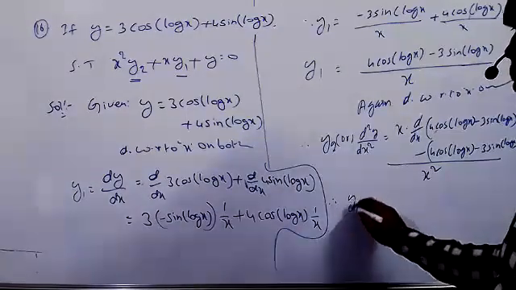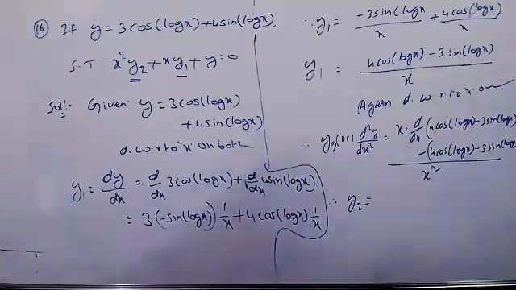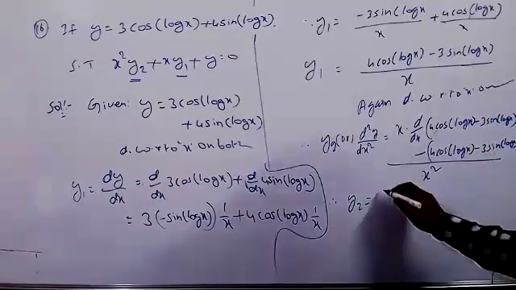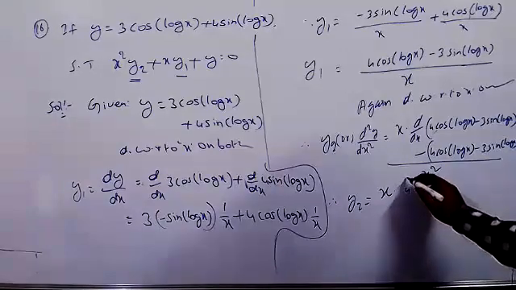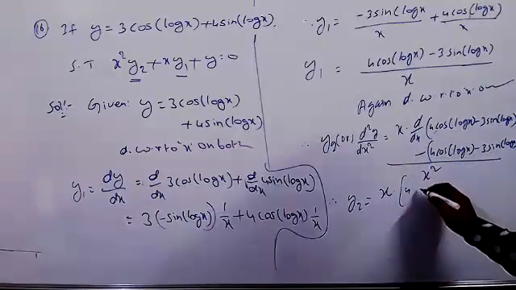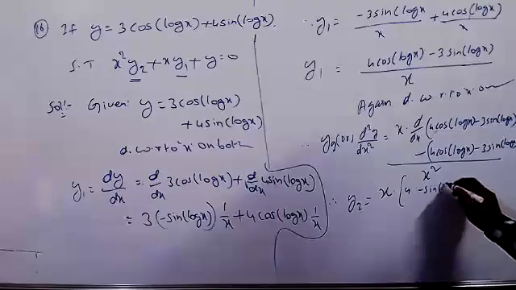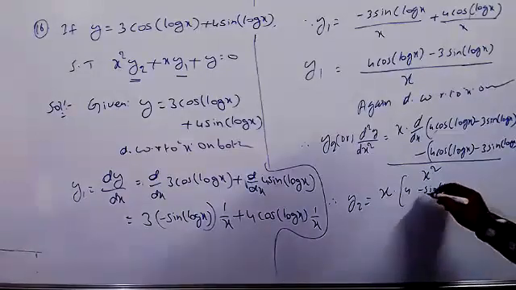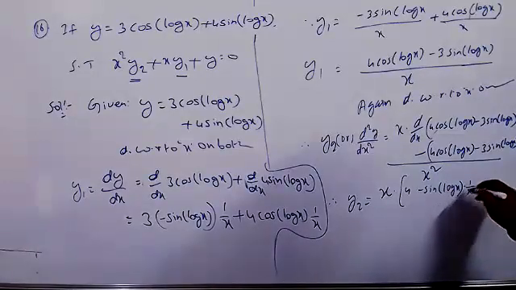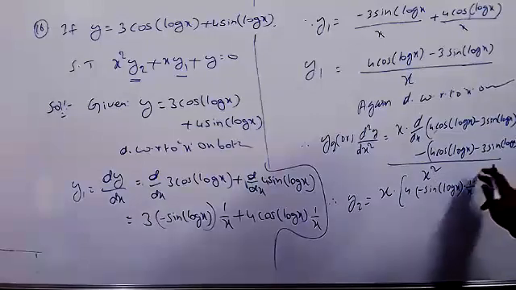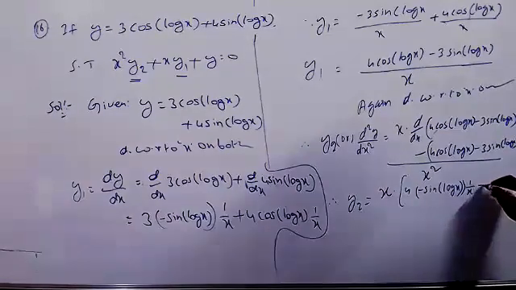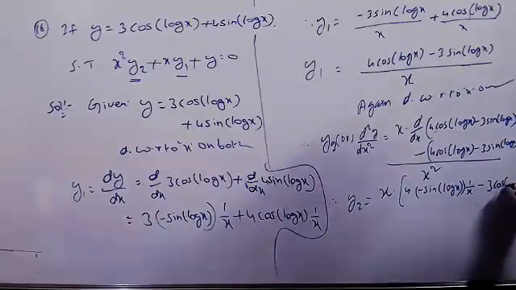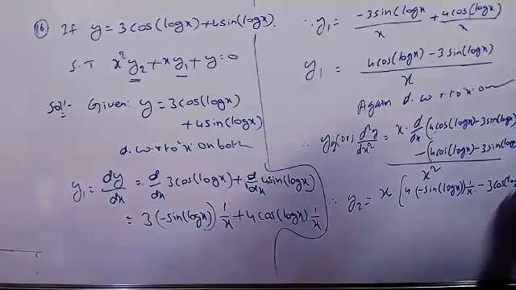So the value of y2, you can differentiate separately now. So x into, 4 is the constant value, the differentiation of cos you can write as minus sin of log x into 1 by x, minus 3 cos of log x into 1 by x.